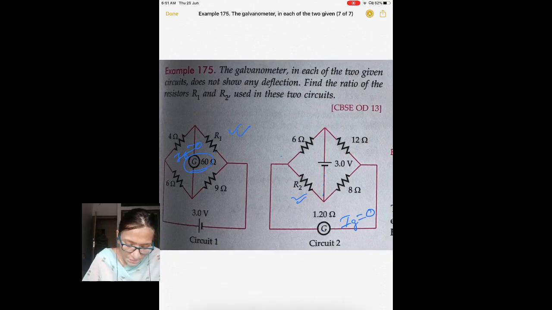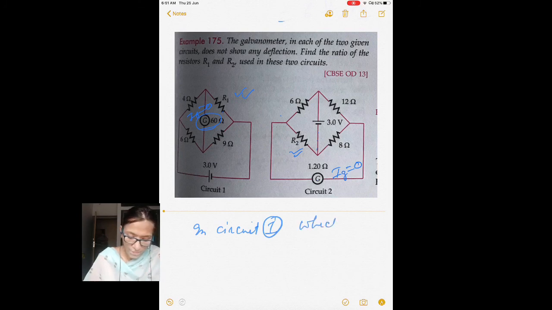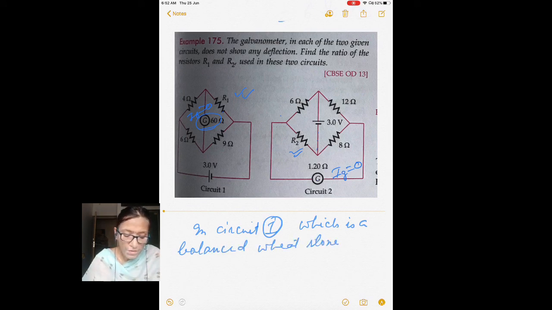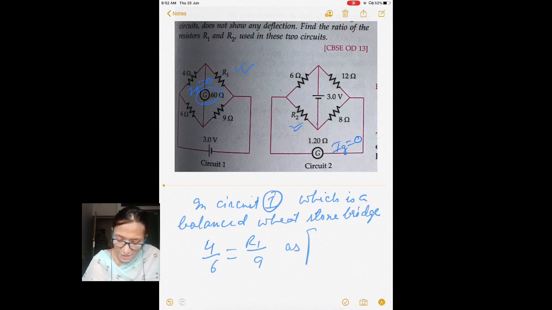In circuit 1, which is a balanced Wheatstone bridge, the ratio of 4 upon 6 must be equal to R1 upon 9, as R1 upon R2 must be equal to R3 upon R4.